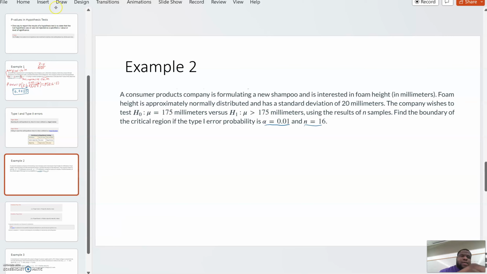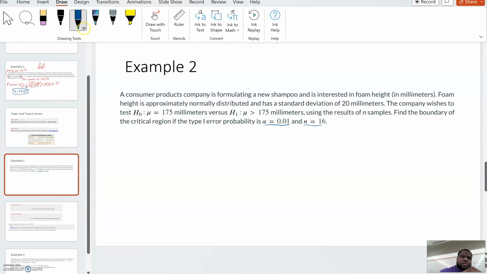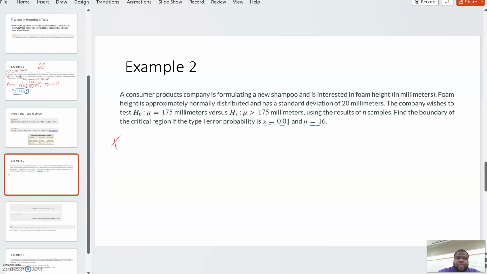So to begin here, let me just switch back to red. All right, so to begin, we want to find this boundary. In order for us to find this boundary, we need to figure out where this x bar is going to be. Obviously, we are hoping to find that it is greater than or equal to 175, because that is what we are looking for with our claim.